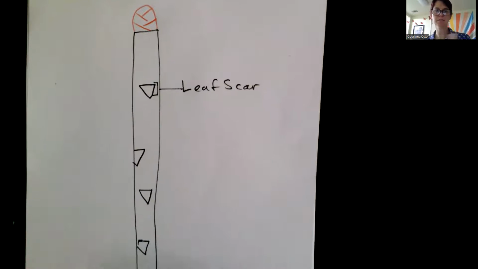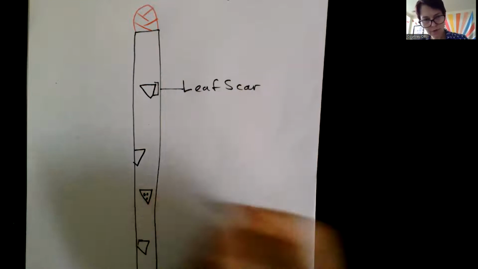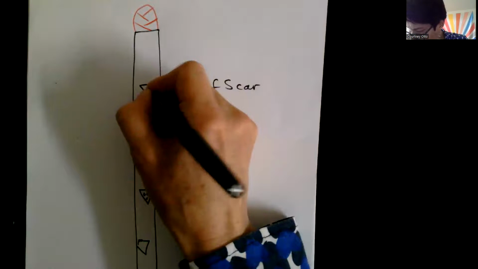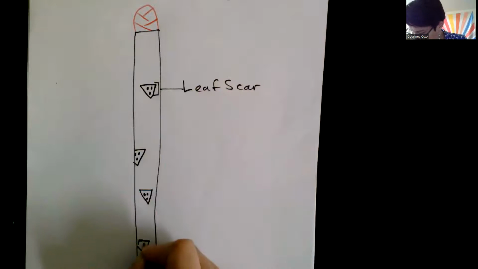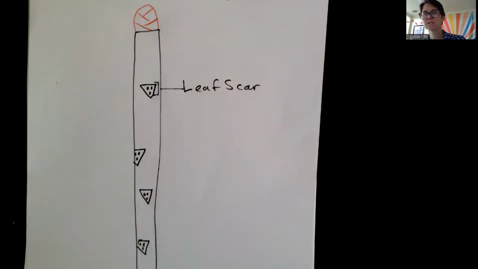That's just showing us our nodes and our internodes. So the leaf scars are going to be where our leaves attach to that main stem. Well, when we look inside them, we can actually see tiny little scars within the leaf scars. So I'm just going to draw some little circular structures in here. Their shape is going to vary, but these are what we call vascular bundle scars.